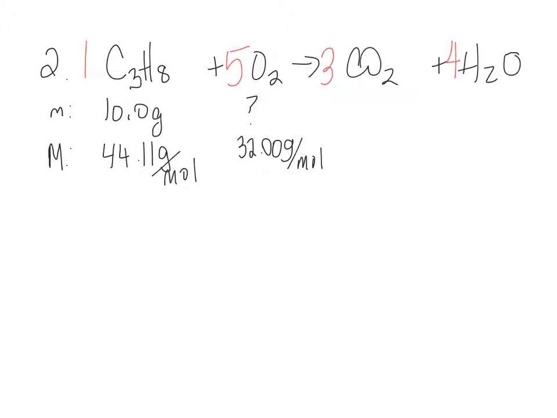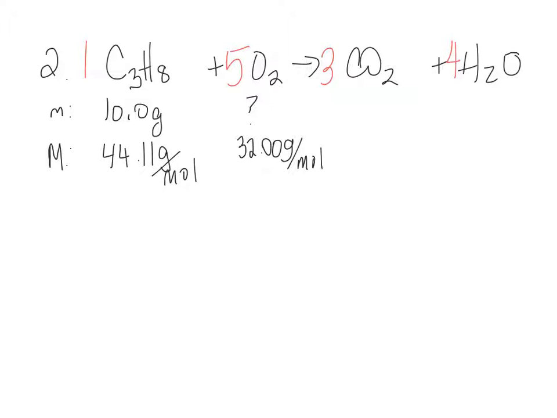Your mole ratio is based on these numbers in red, your coefficients. You're going to need the mole ratio that compares the substance that you have information about and the substance that you want information for.